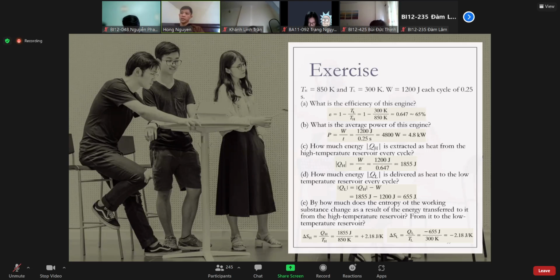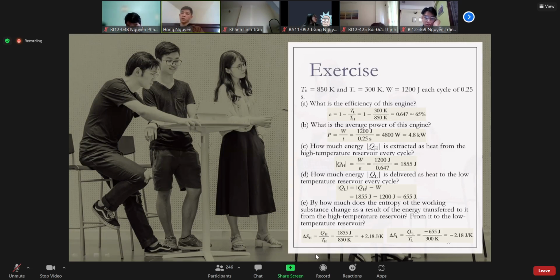And finally, the entropy. Good. We know that this is a closed system, reversible process, because our gas can restore, right? Can restore to its initial state.